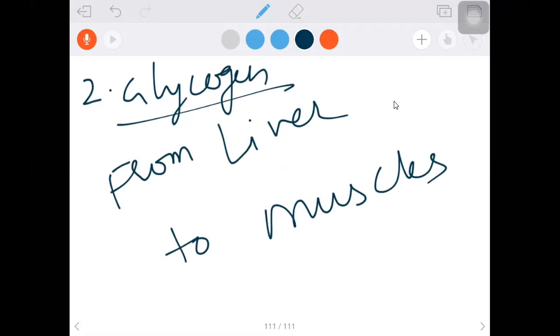Hepatic vein, postcaval vein, right atria, right ventricle, pulmonary aorta, lungs, pulmonary vein, left atria, left ventricle, left systemic aorta, certain body parts, dorsal aorta. We could say femoral artery, sciatic artery, obturator artery, but there is no need for all these names here.